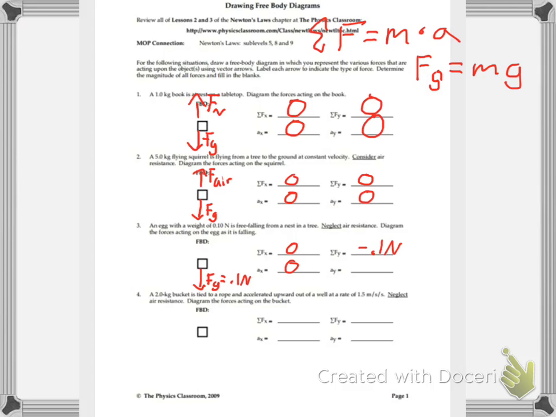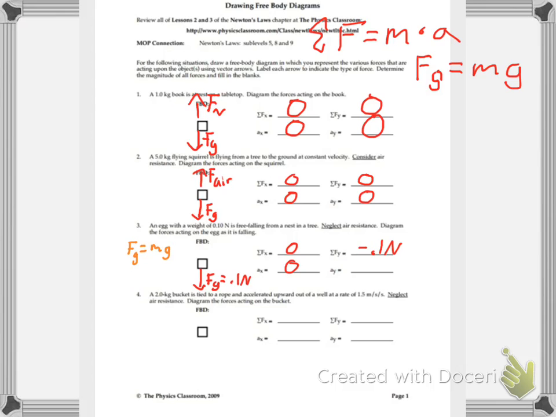So now in order to find that acceleration, we need the sum of the forces equals mass times acceleration. To find the mass, again, remember we have to use that force due to gravity. Force due to gravity equals mass times the acceleration due to gravity.